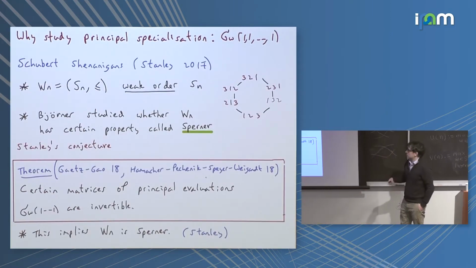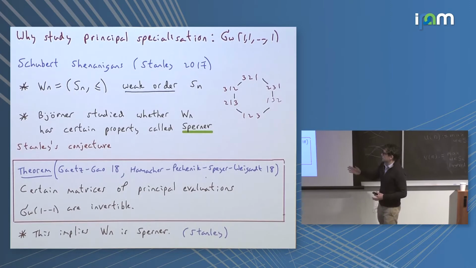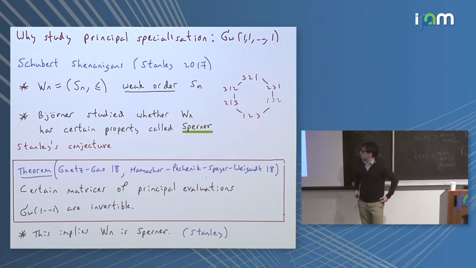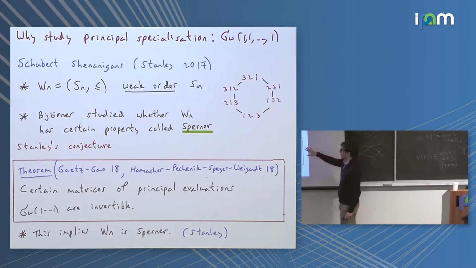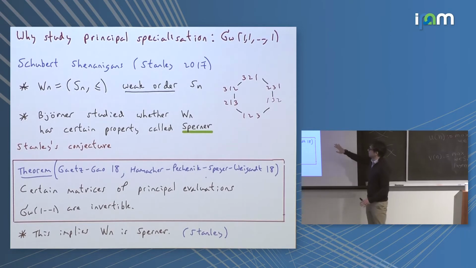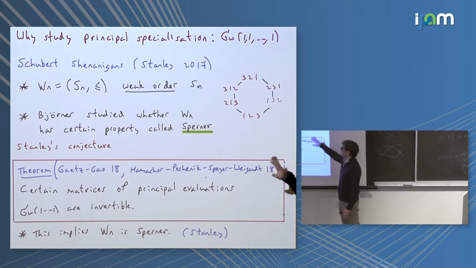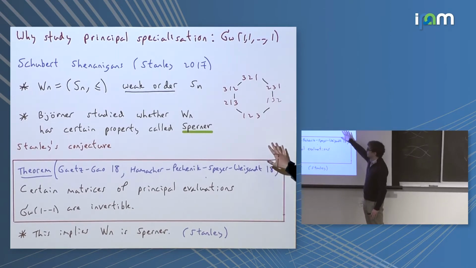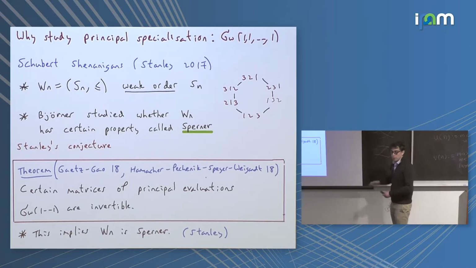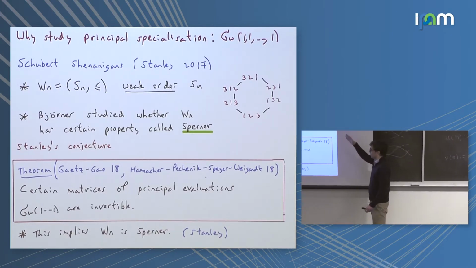Okay. But another reason to study these principal specializations is that it motivated some conjectures. It's a paper of Stanley called Some Schubert Shenanigans. We'll hear more about this in the next talk by Christian, so I won't say much, but he was looking at the weak order on the symmetric group, and a certain property called the strong Sperner property on the weak order, a conjectured property.